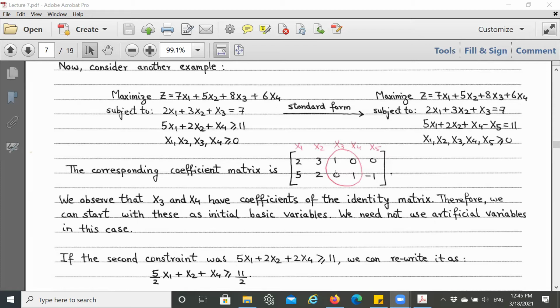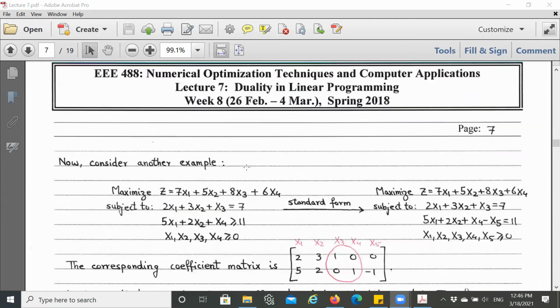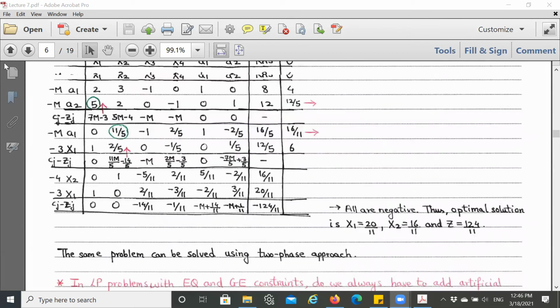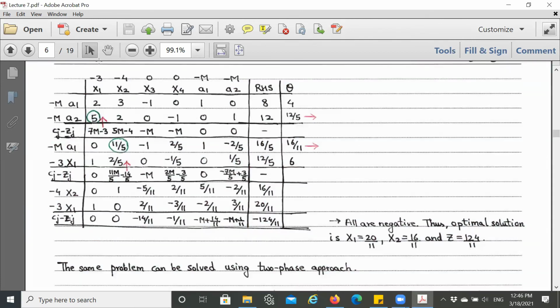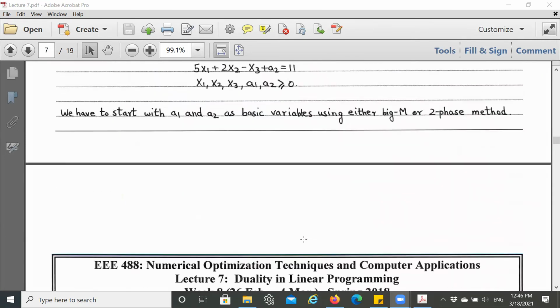Over here, we already have identified the basic variables as the ones which form the identity matrix. In this case, it's x3 and x4. So you can put x3 and x4 on the left-hand side of this table, and you can start working.